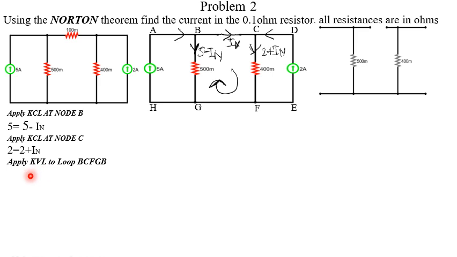And now applying KVL to loop BCFGB, we now apply it here. We don't have any voltage source here, so they are all voltage drops, so it's equal to 0. So we have our 0.5 times the whole of this, then plus our 0.4 times the whole of this is equal to 0.